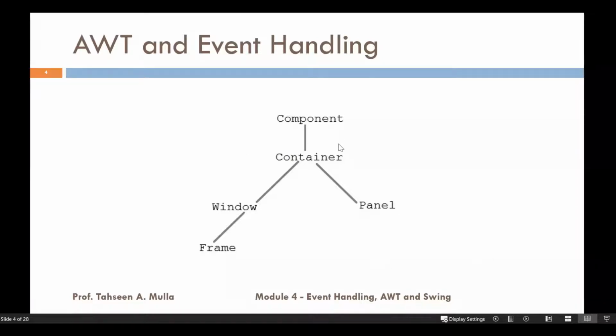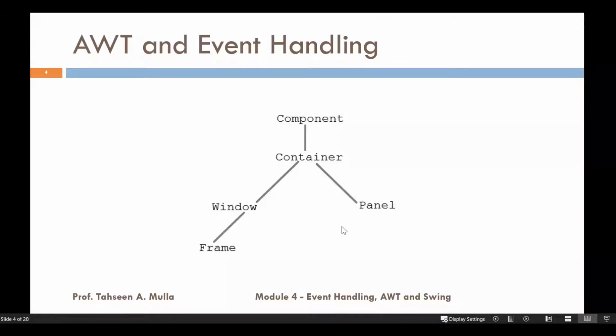Next we have the Container. A Container is again a component of AWT which contains other components, such as, which we have seen in the previous slide, button, label, text field, checkbox, list. These components are stored in the container.